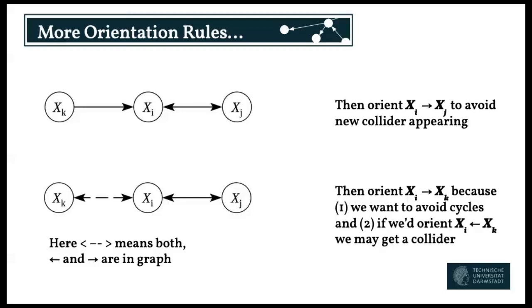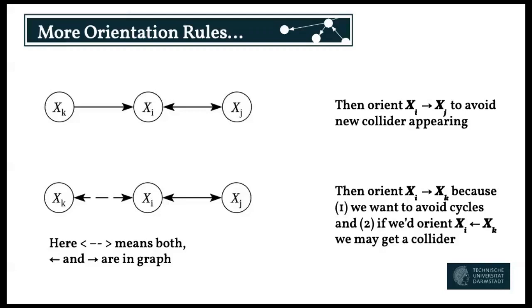Similarly, and to be honest, I haven't seen a case where this really happened, the second rule states if you have an edge, and this dashed edge should tell you we have both edges in our graph somehow, so we have the directed edge from xi to xk and vice versa, then we have to break the cycle, because you have a feedback loop there.